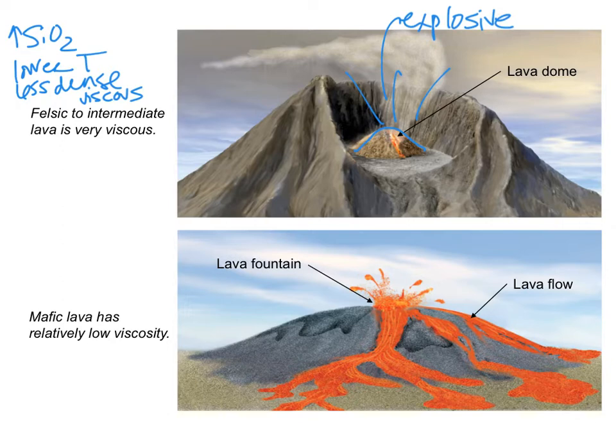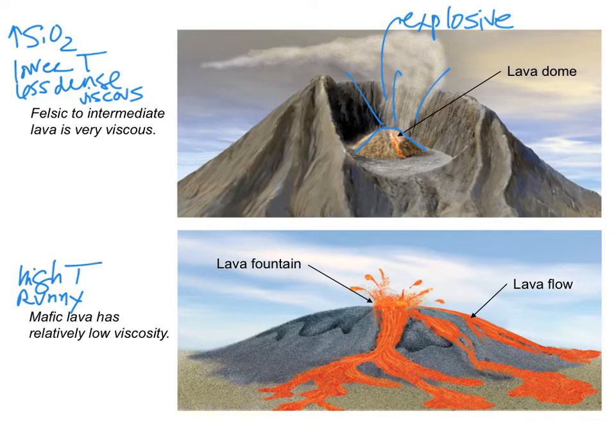In contrast, mafic lava is high in temperature, and so therefore not viscous. We'll call it runny. So viscous is gummy, non-viscous is runny.